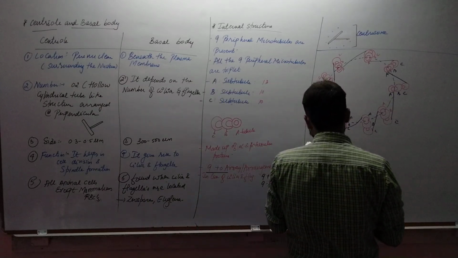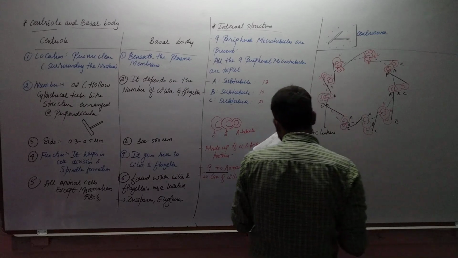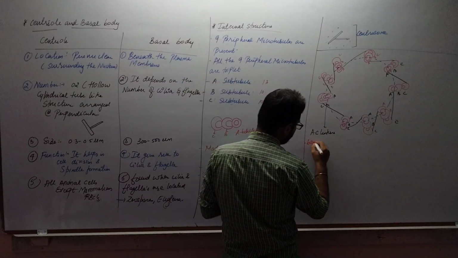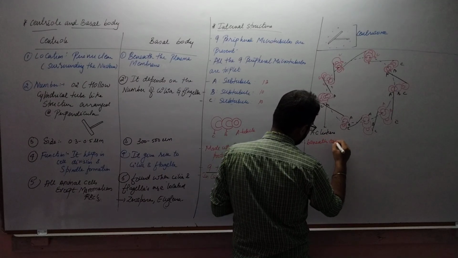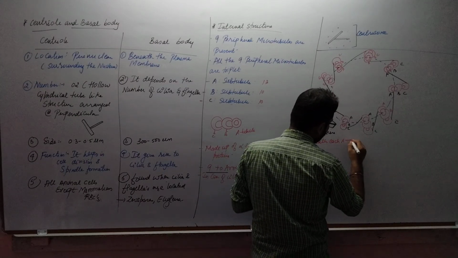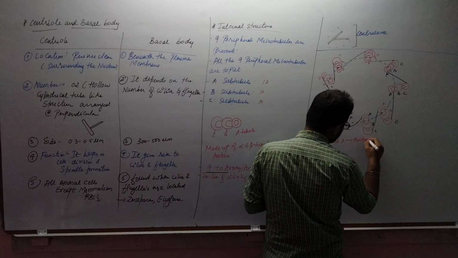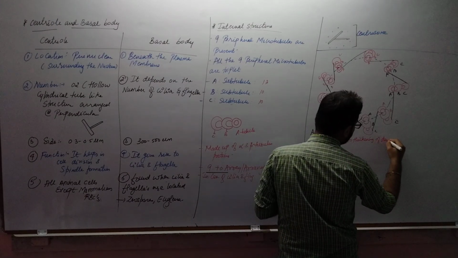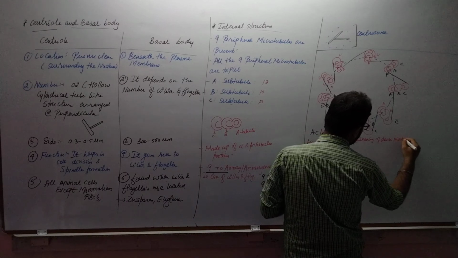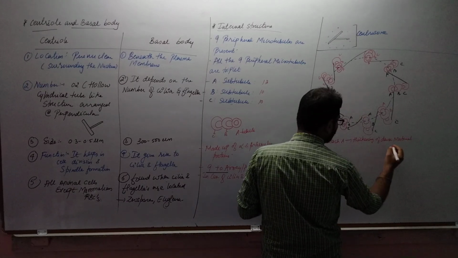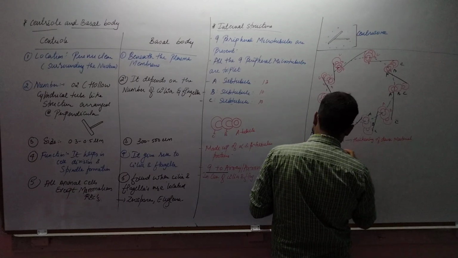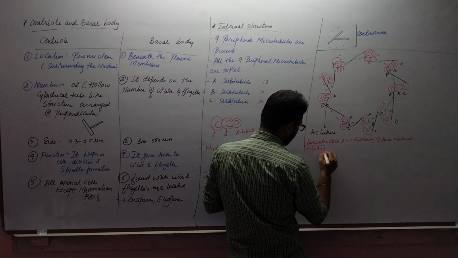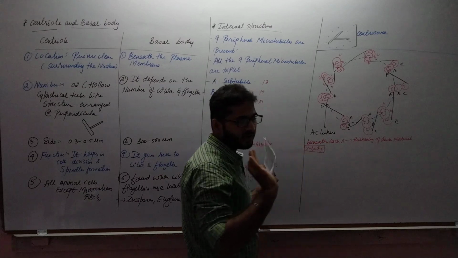So beneath each A there is a thickening of the dense material. This dense material is called the X body. So 9 A's, 9 X bodies.